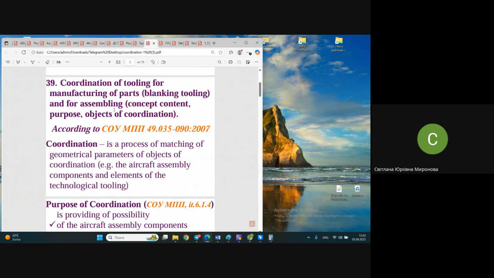Well, what you see right now is a direct translation from our Ukrainian standard, but similar standards we have in all the territory of the former Soviet Union, and similar terminology is used in all our countries, but of course not in English.